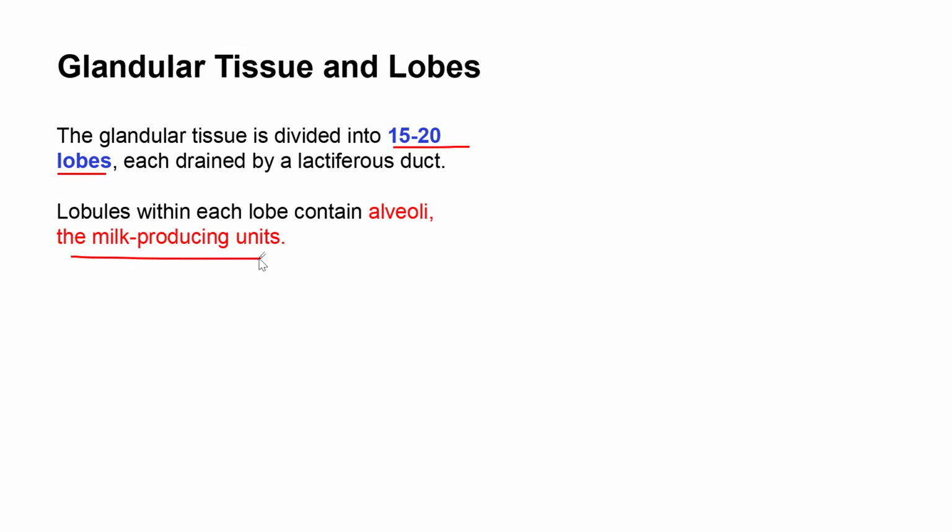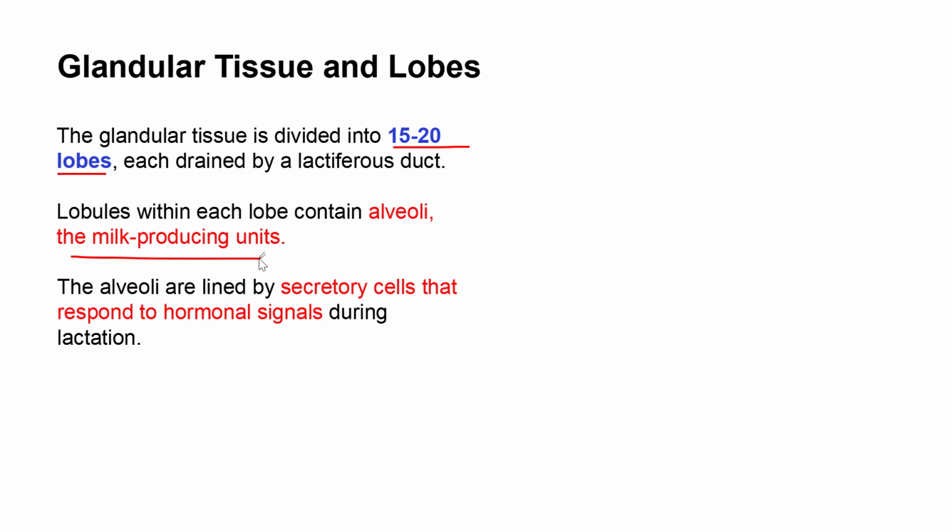So in the lobe we have lobules, and the lobules contain alveoli. It's like an industry. Specifically, the unit responsible for milk production is the alveoli.